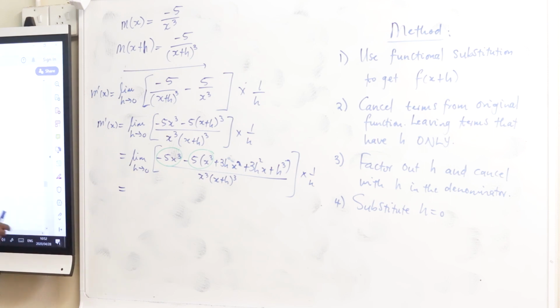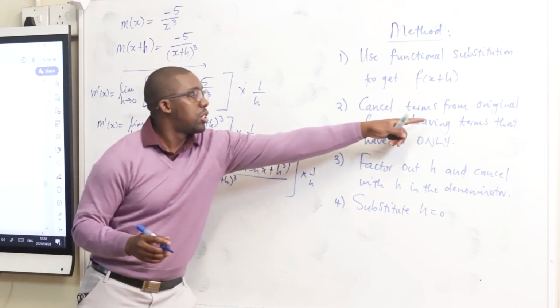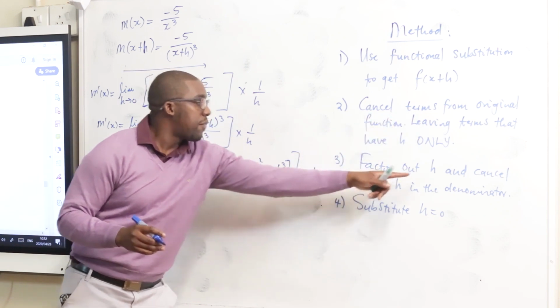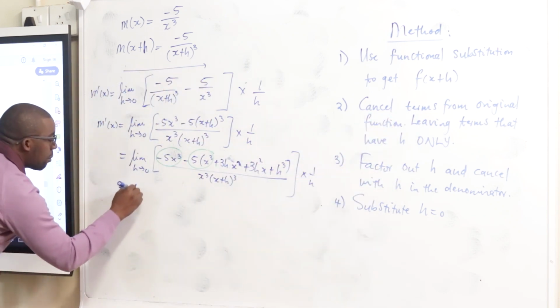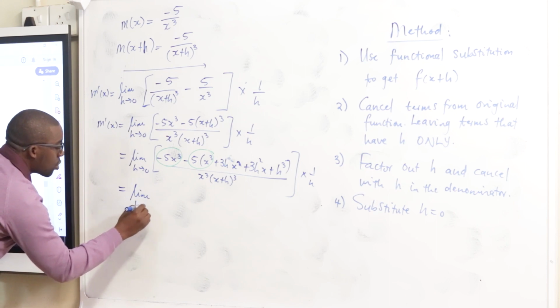Next step, cancel original function. We did that. Factor out an h. Limit as h goes to 0.